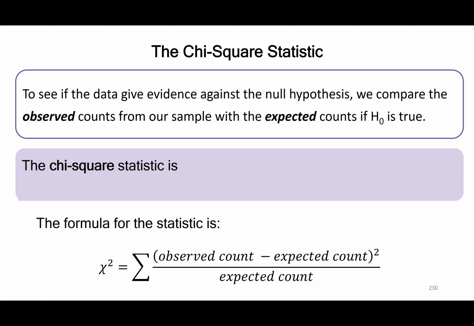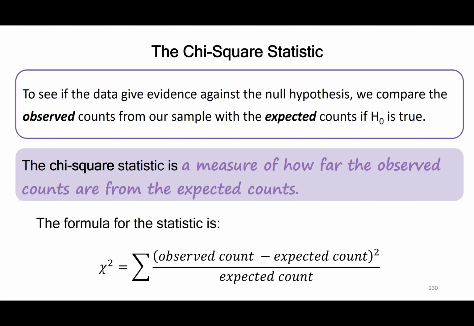Specifically, if we had a sample of 60 M&Ms and it was exactly what Mars claims, how many would we have expected? Then we want to tell how far what we observed is from what we would have expected if the null is true. So the chi-square statistic is a measure of how far what we actually observed in the sample is from what's claimed.